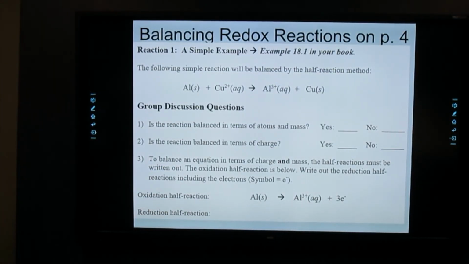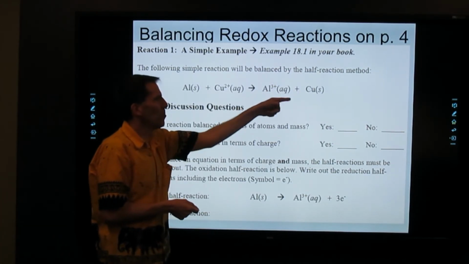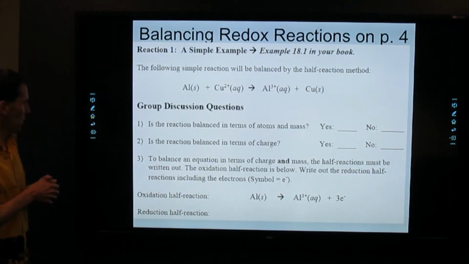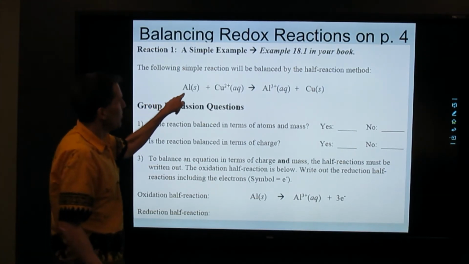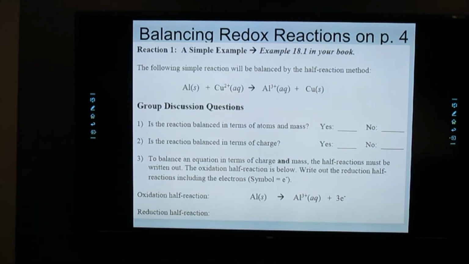We have 1 aluminum plus a copper 2+ goes to aluminum 3+ and a copper. If we think about this in terms of mass and atoms, there's 1 aluminum here, 1 copper over there. So in a sense, this is balanced along those lines.